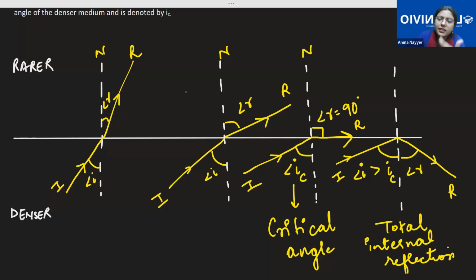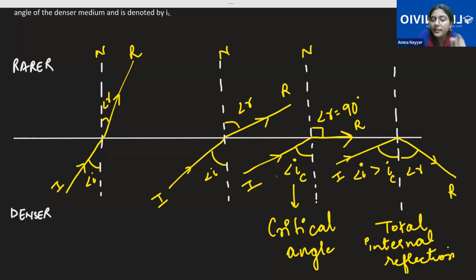Slowly it increased. And a point came for which, for the angle of incidence, the angle of refraction in the other medium, that is the rarer medium, was 90 degree. So this angle of incidence for which the angle of refraction in the rarer medium is 90 degree, we termed as the critical angle. This is critical, means now the light ray is at the critical point where it can't be refracted further.